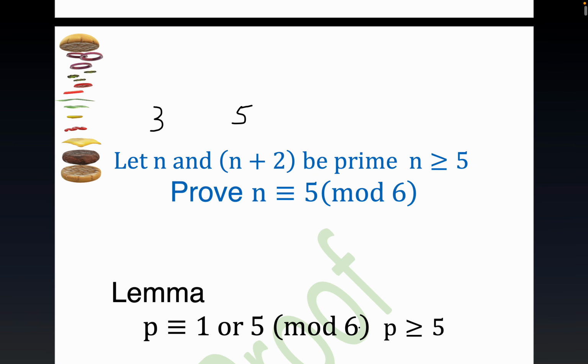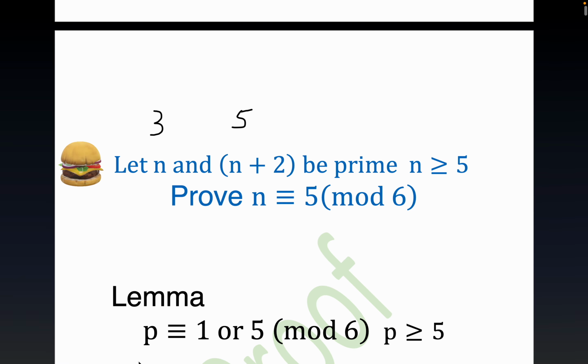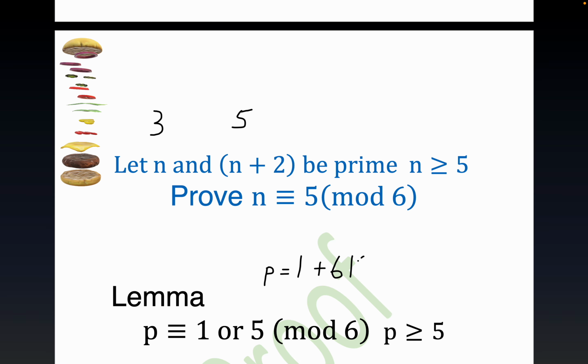There's a very important lemma. Any prime, and p is understood to be a prime here, leaves a remainder of 1 or 5 modulo 6. Another way of stating that is p is equal to 1 plus some multiple of 6, we'll say 6k, or p is equal to 5 plus 6k.